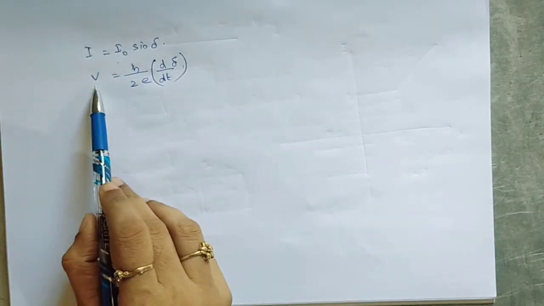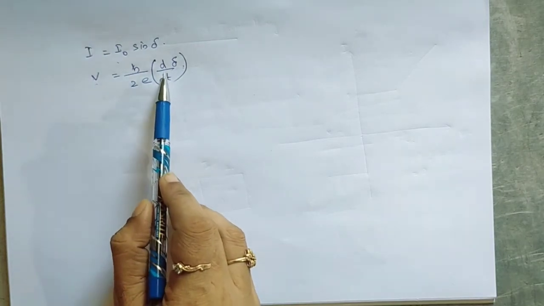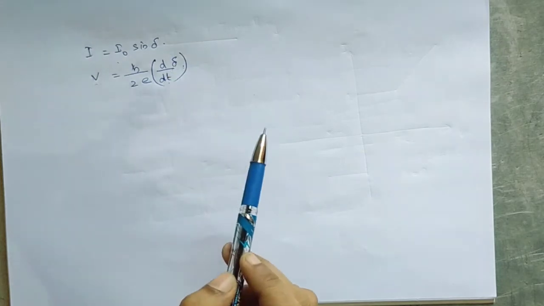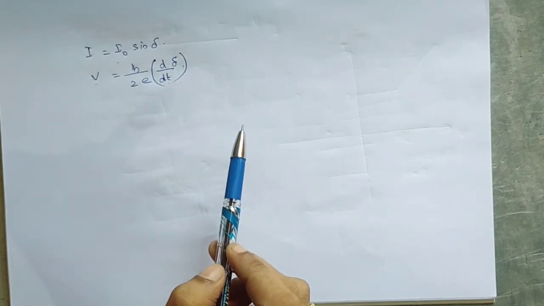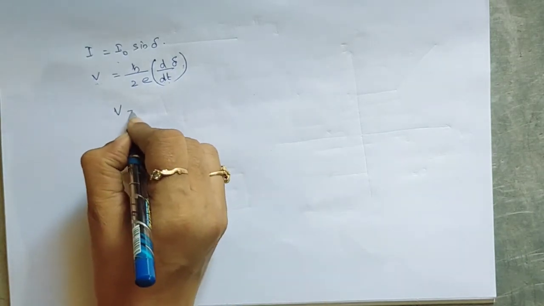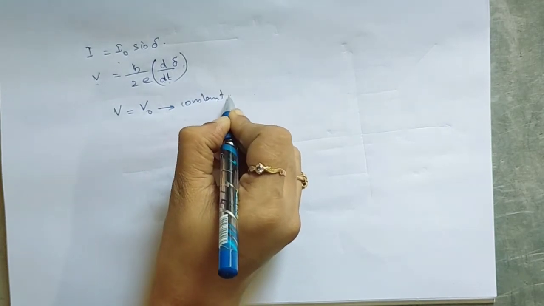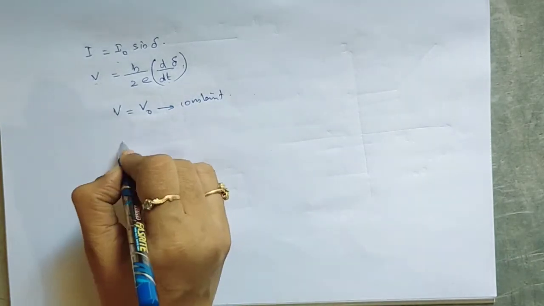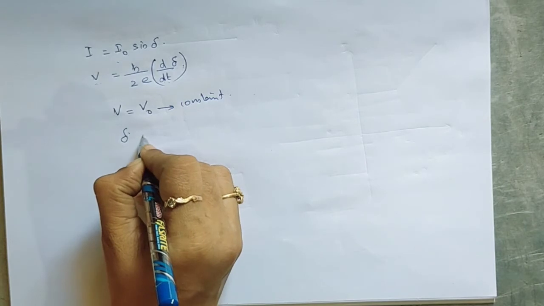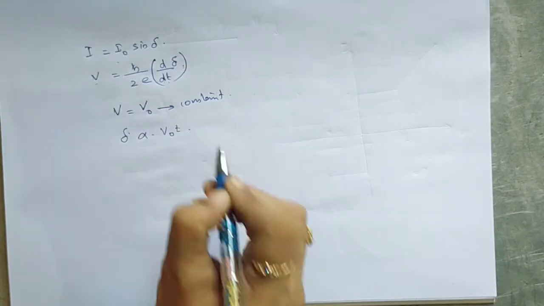Also note that the voltage is directly proportional to the rate of change of the phase difference delta. What will happen when we apply a constant voltage? When we apply a constant voltage, delta is directly proportional to V0t.